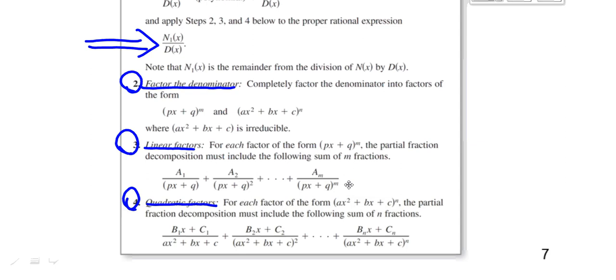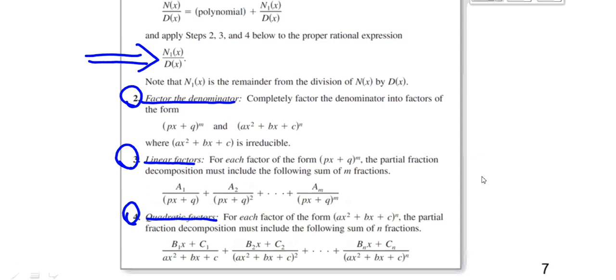And I think that was also in the second problem, where we had x plus 1 maybe, or x minus 1 in parentheses squared. And on top of those, you just put a constant. We just call it A, B, C. And then the quadratic factors, which aren't reducible, we write something x plus a number, a linear factor on top of that.